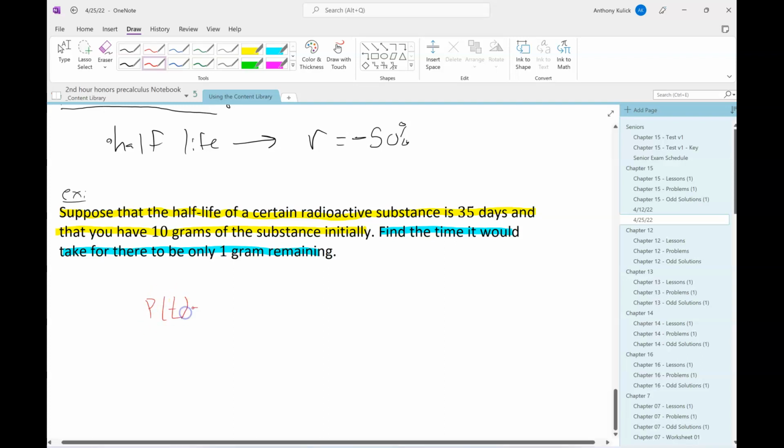All right. So we'll start by writing our model. The initial value for this is 10. Very good. And the R is going to be negative 50. Whenever it's a half-life, the R is always negative 50. And then the T, what unit of time do we want to use for this? I would do days. So here, what should be in the exponent?